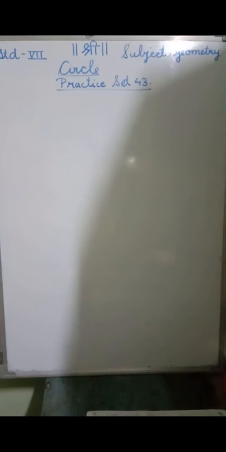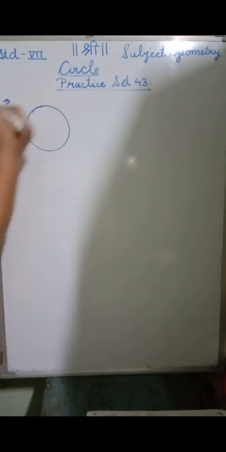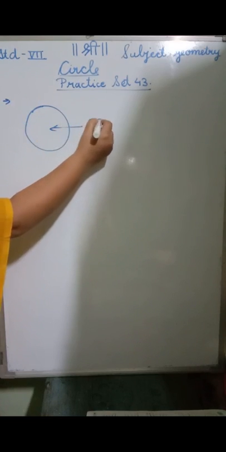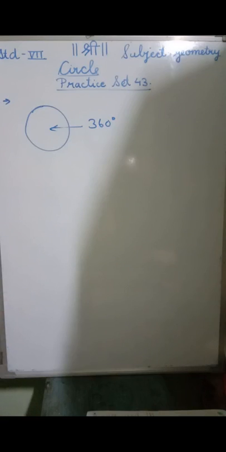So now we'll solve the sum. Question 1 solution. As we all know, the two corresponding arcs make one complete circle, and the measure of a complete circle is 360 degrees.